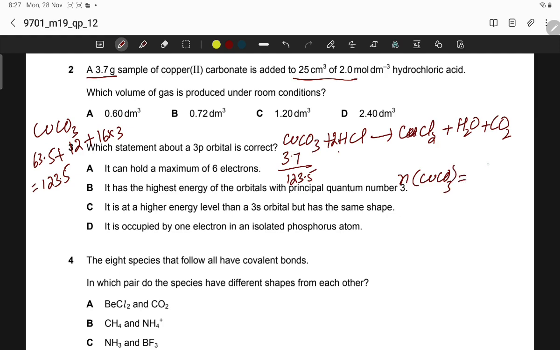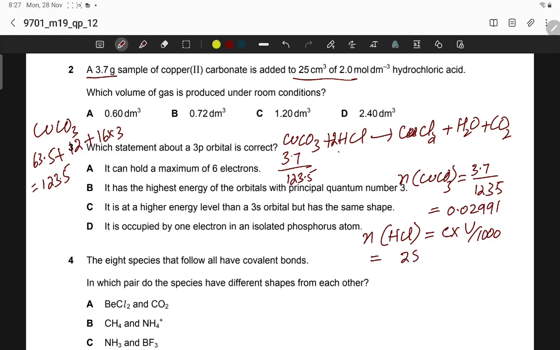The moles of CuCO3 is equal to 3.7 divided by 123.5, which is equal to 0.02991. Now calculate the moles of HCl. Using concentration times volume over 1000, the volume is 25 centimeter cube and the concentration is 2 mole per dm cube.